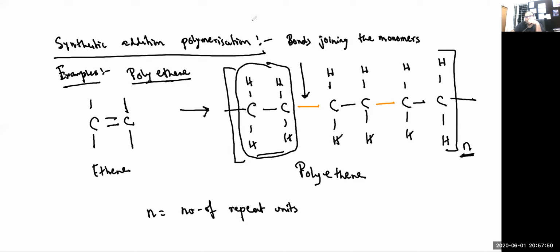No. If I describe this, it's going to help you out. So types of polyethylene: low density polyethylene and high density polyethylene. An example of low density polyethylene is polythene bags.